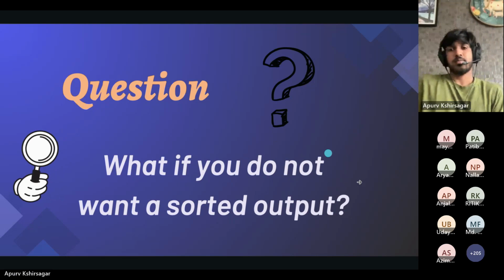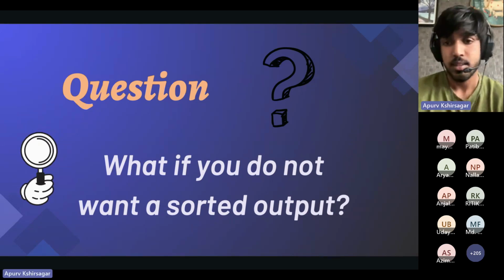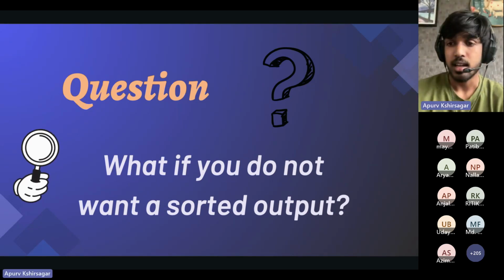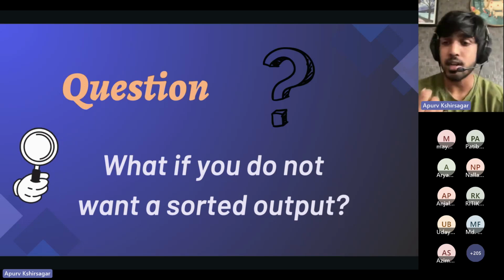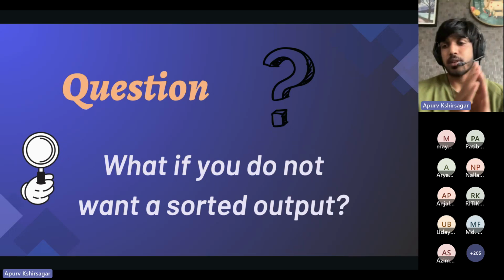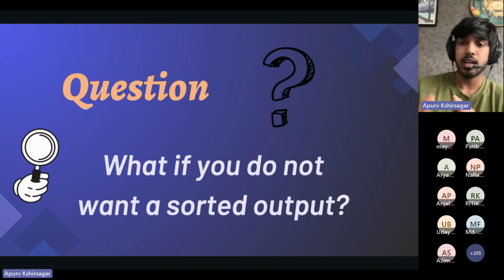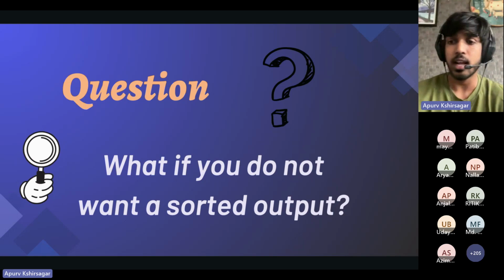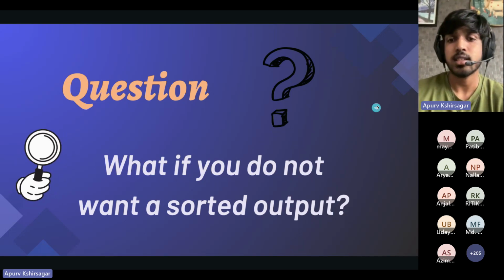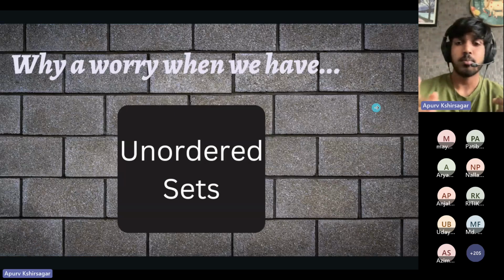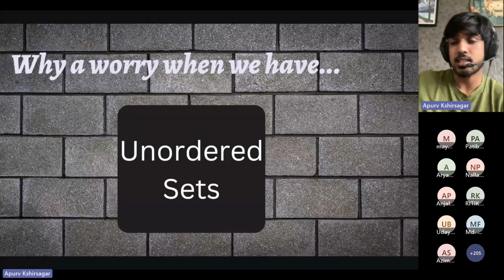Next question. Okay, we know that in sets, it gives a sorted output and it contains unique elements. What if we do not want a sorted output? I just want a unique output. Like whatever we enter, I just want unique things. I don't want to sort it in an ascending order or descending order. The answer to it is unordered sets. There's only one point which is different between unordered sets and sets.